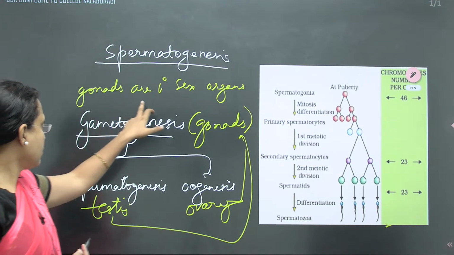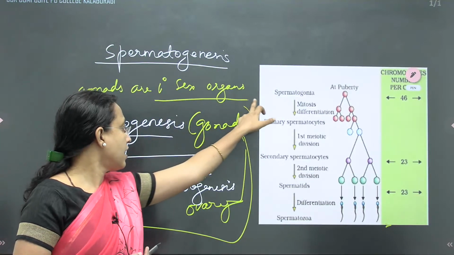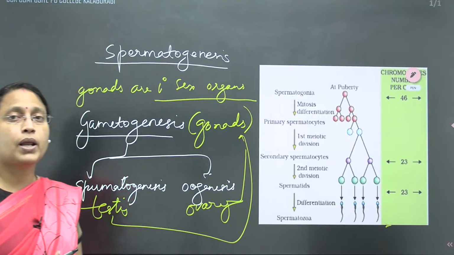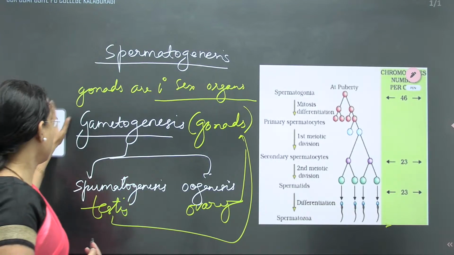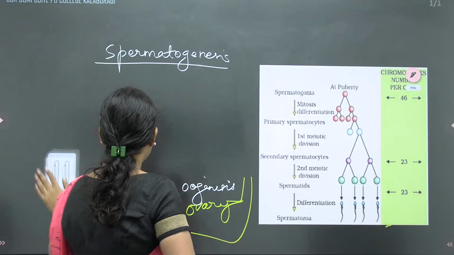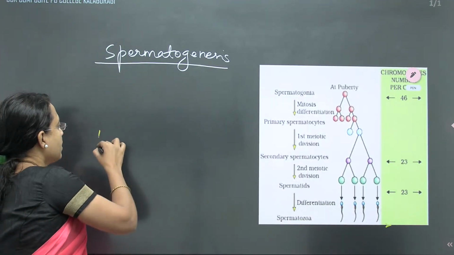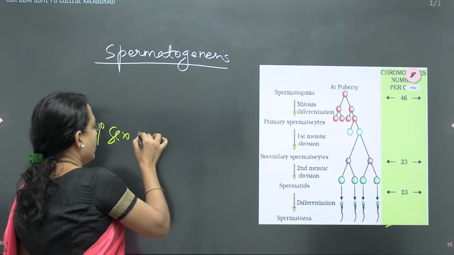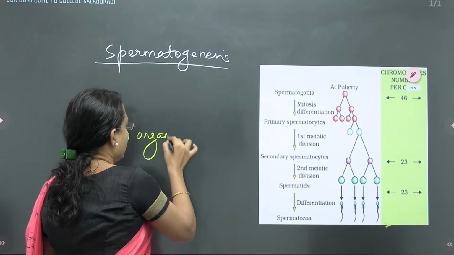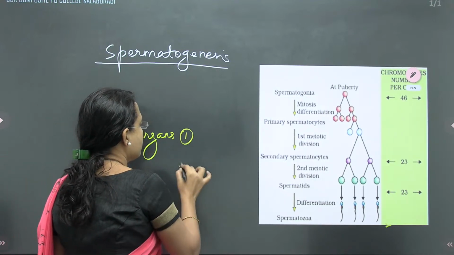Now again, I told you that the testis and ovary are examples of primary sex organs. What does primary sex organ mean? It was probably finished in the earlier classes. They are called primary sex organs for two reasons.